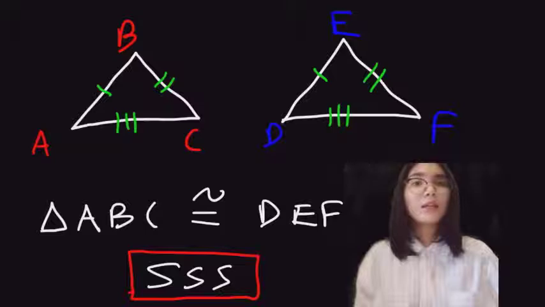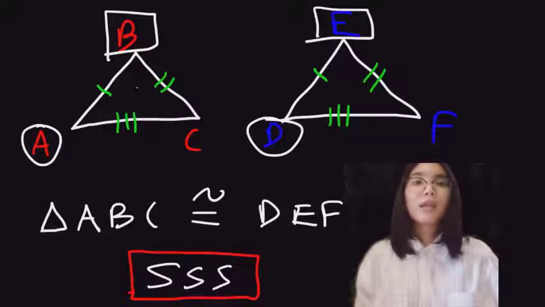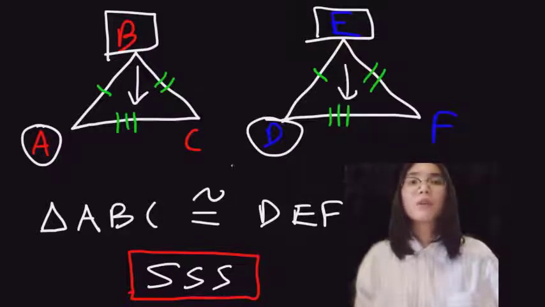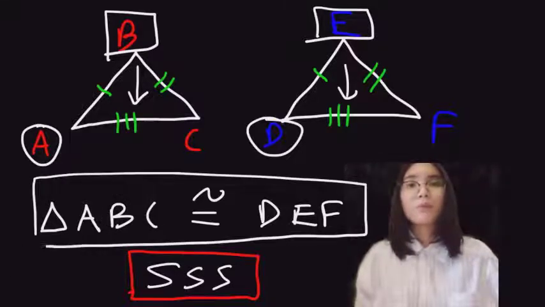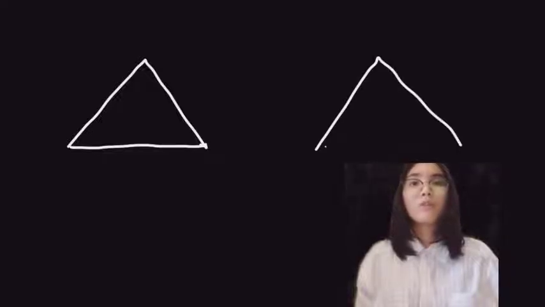Let's say that AB and DE are congruent to each other, BC is congruent to EF, and AC is congruent to DF. Then we can say triangle ABC is congruent to triangle DEF according to the SSS postulate, because all their sides are congruent to each other. That's the first postulate you need to be familiar with.